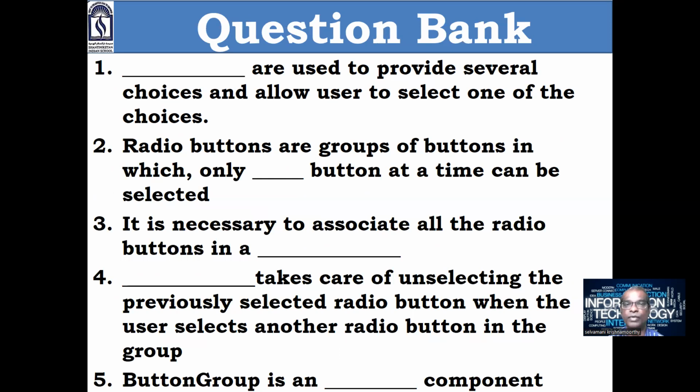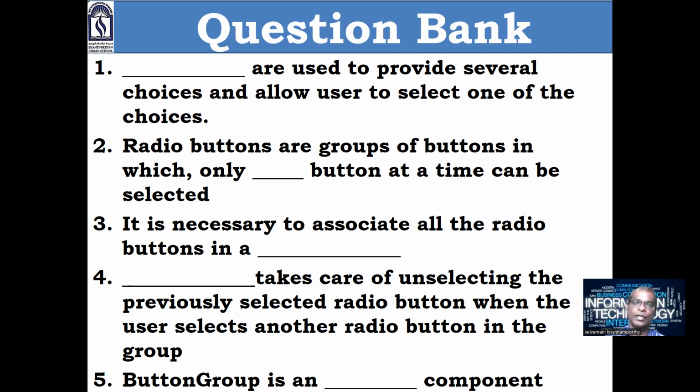Now, this is the time for the question bank. Still, if you have doubt, rewind the video, listen to the video, and then try to answer the questions. Number 1. Dash are used to provide several choices, that means more than one choice, and allow the user to select one of the choices. Can anyone tell the answer?